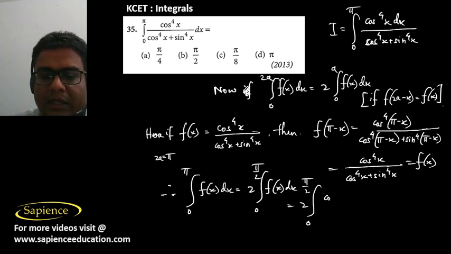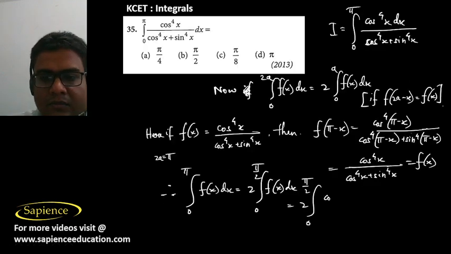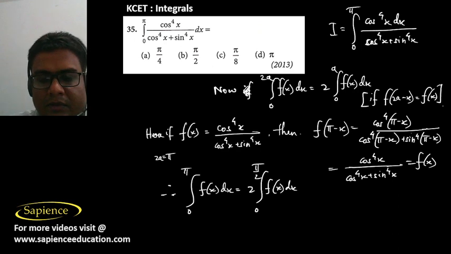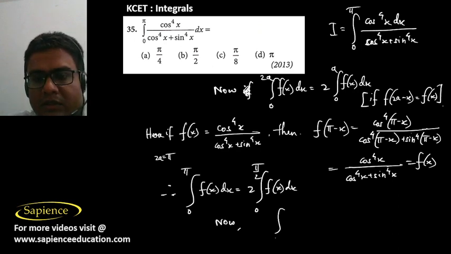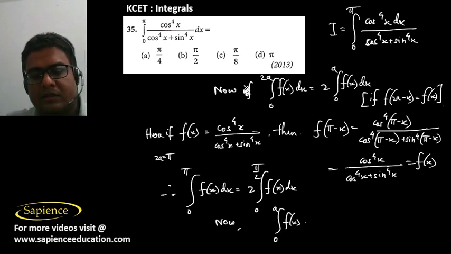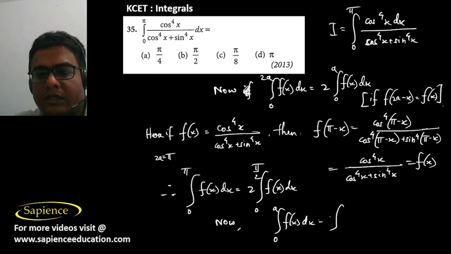Now again, here you can see one thing. Again there is one rule, that integral 0 to a f of x dx can also be written as integral 0 to a f of a minus x dx.